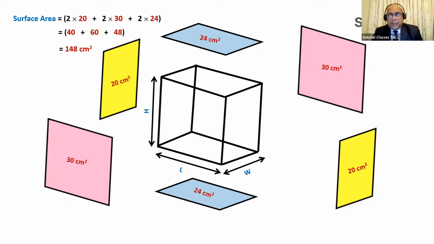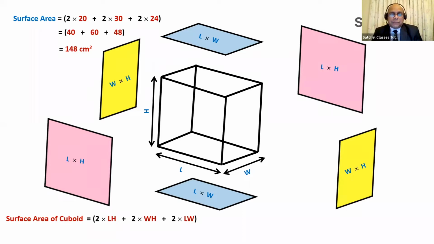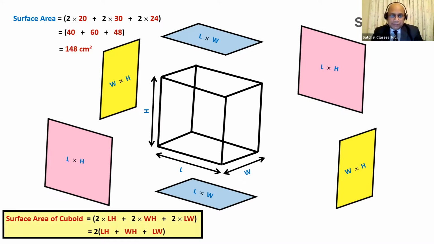Now, as you can see, the left and the right faces will have dimensions W times H. The front and the back faces will have dimensions of L times H. And the top and the bottom faces will have dimensions L times W. So we have two faces of area LH, two faces having area W times H, and two faces having area L times W, which means surface area of a cuboid is given by the formula 2 times brackets length times height plus width times height plus length times width.